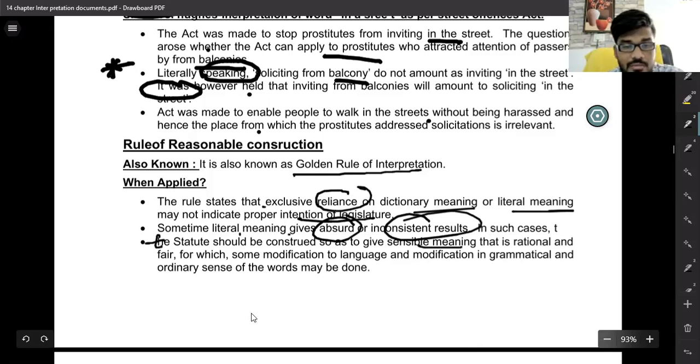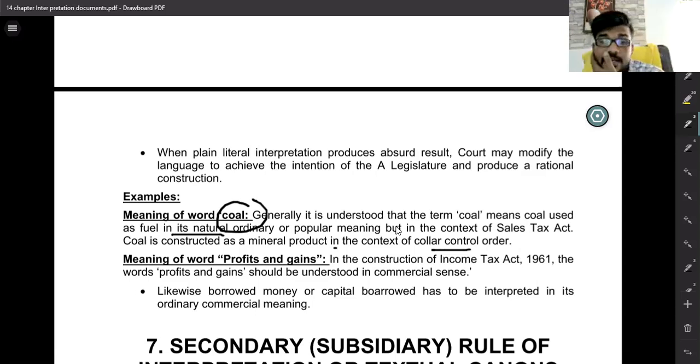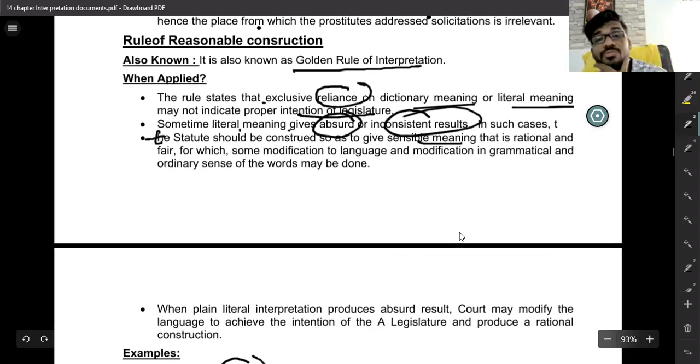Just an example: the word coal. Generally, the term coal means coal used as fuel. As per the Sales Tax Act, coal can be a product; coal can be controlled. This is a fuel, but under the Sales Tax Act coal is considered a mineral product in the context of the Coal Control Order. Best example, these are the two famous case laws.